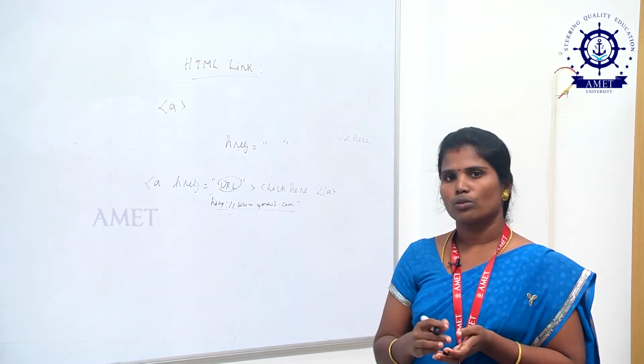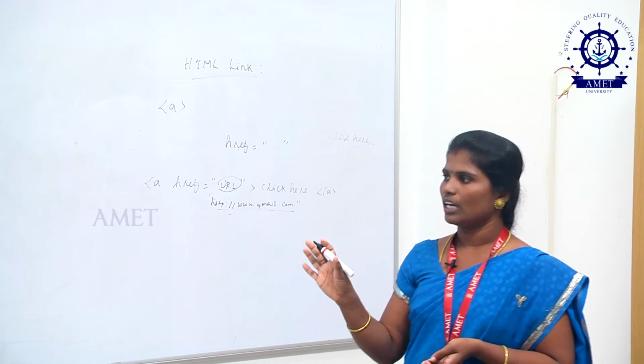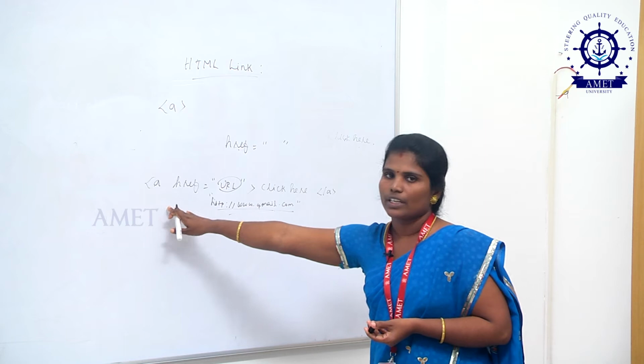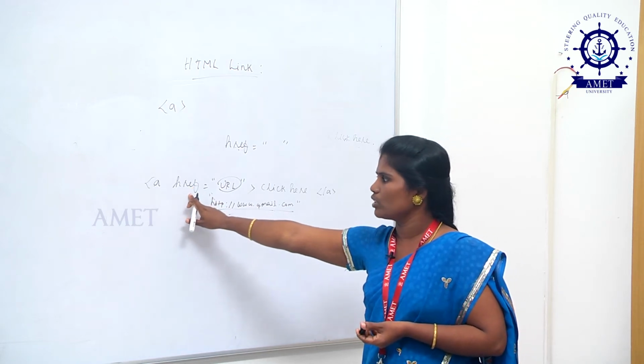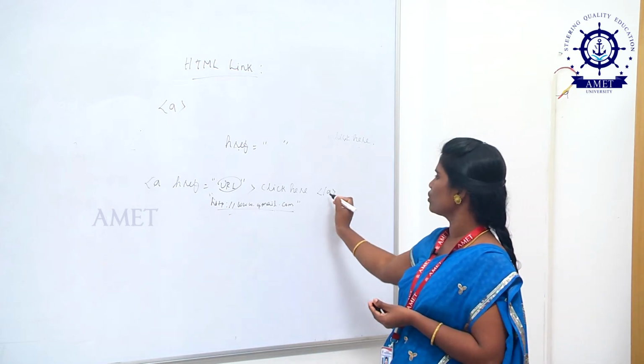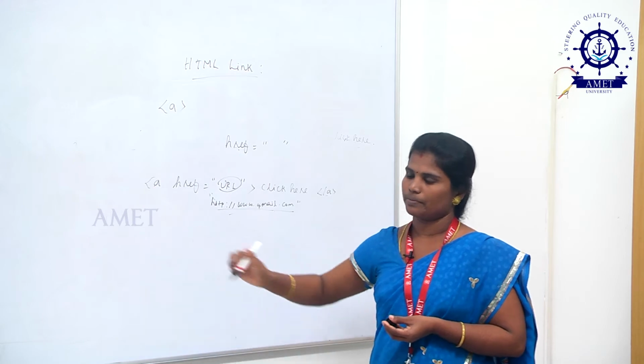So this is linking. How do you perform linking? Using the anchor tag, and you must use the attribute href, and it is an embedded tag. So you must close the anchor tag. This should be inside the body section.